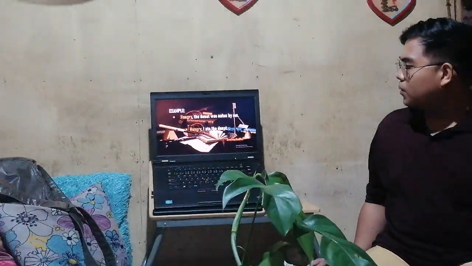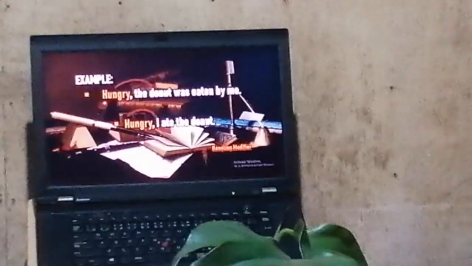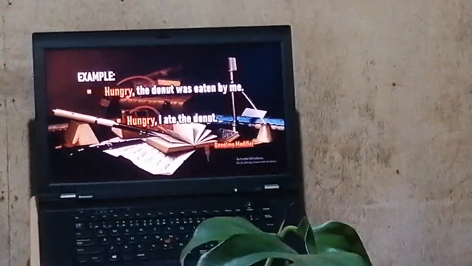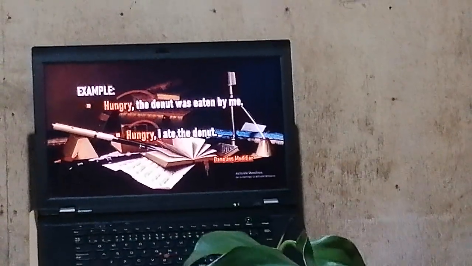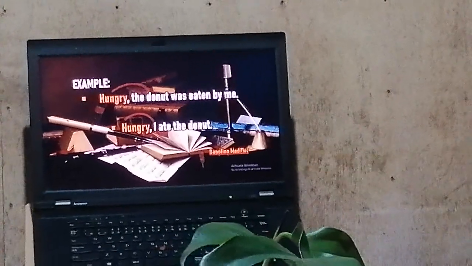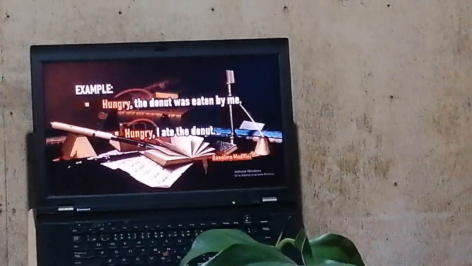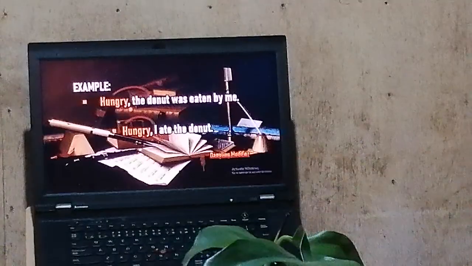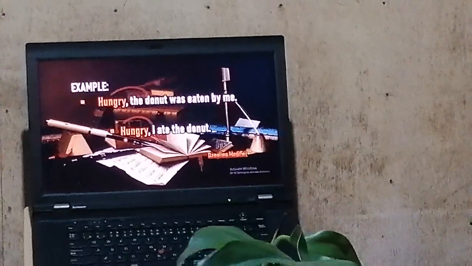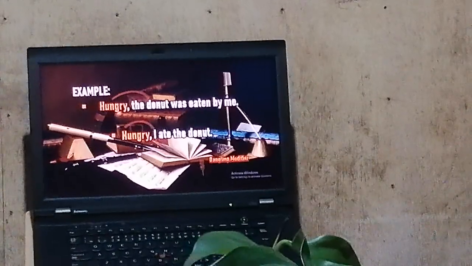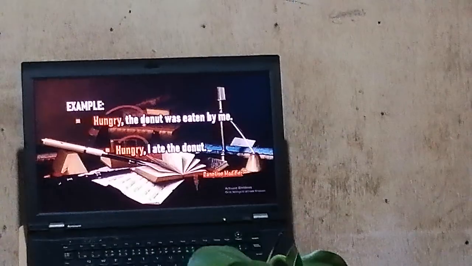This is another example. Here, the first sentence says, hungry, the donut was eaten by me. And the second sentence says, hungry, I ate the donut. On the first sentence, we have the modifier hungry. Also, on the second sentence, we have the modifier hungry. On the first sentence, hungry modifies the word donut.